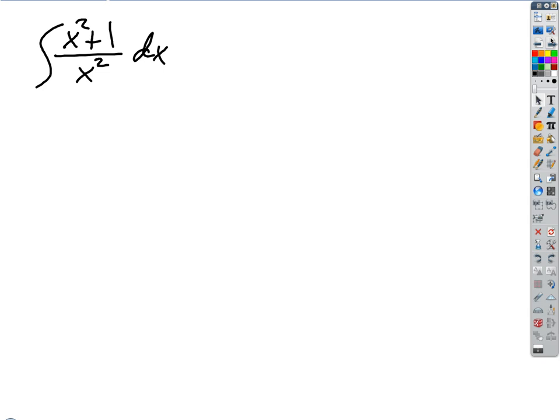Okay? So what about this one? This one, as it stands, the integrand, what is the integrand here? (x squared plus 1) over x squared? Yeah, it's all this stuff right here.